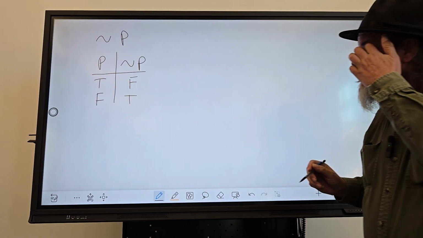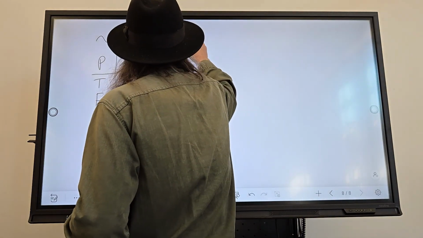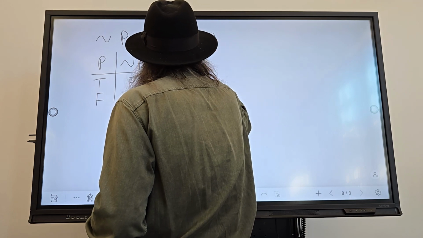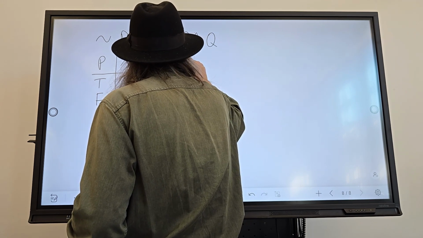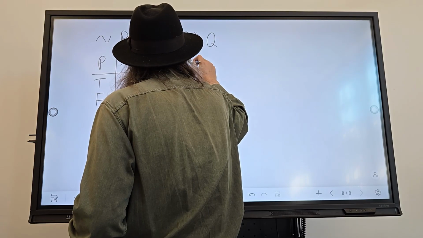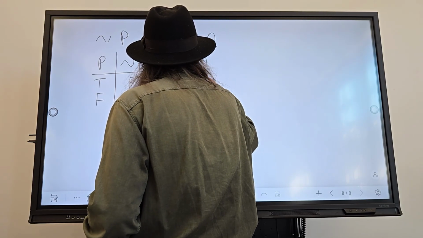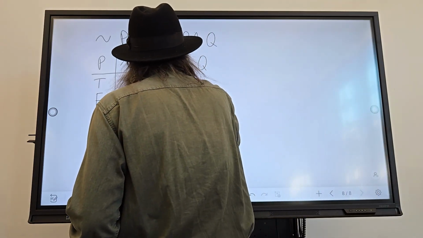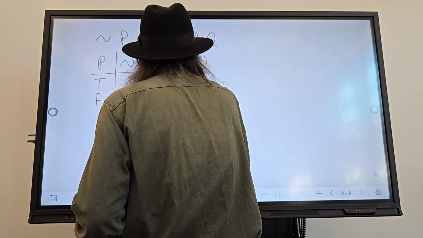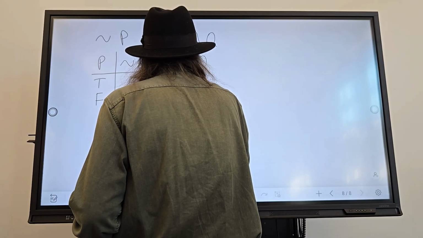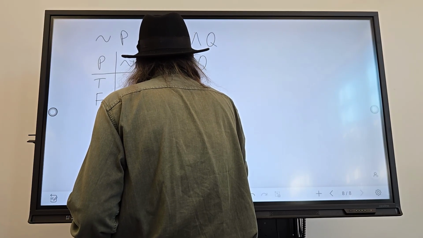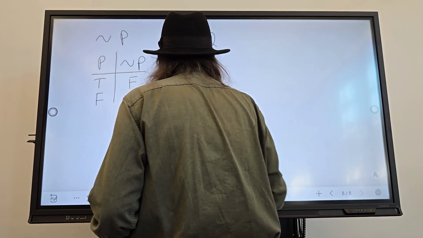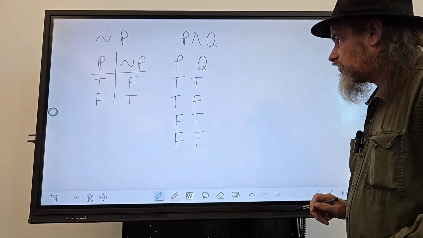P and Q. Let's do P and Q. Now, to write a truth table, for those of you who have not had digital logic, you write all the possible combinations of your input variables.